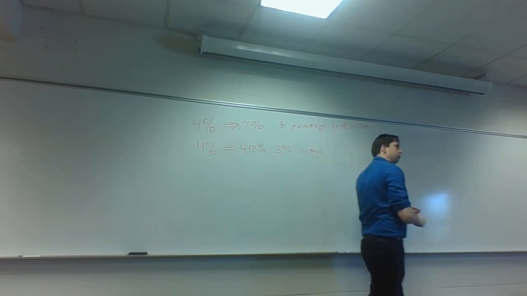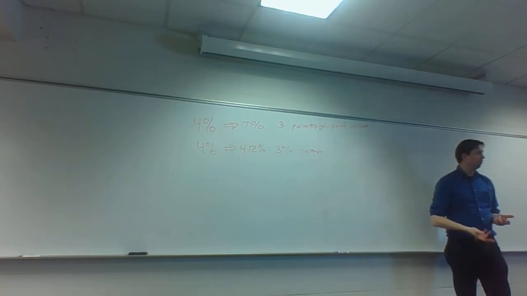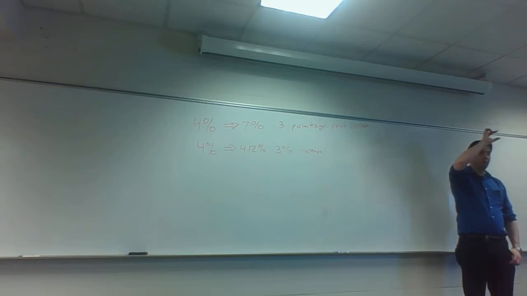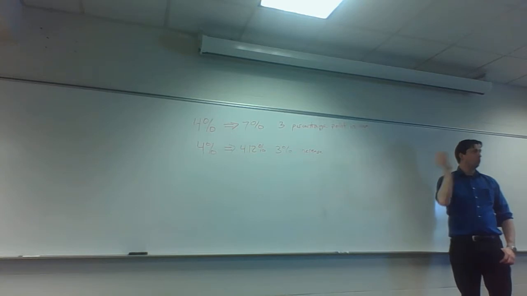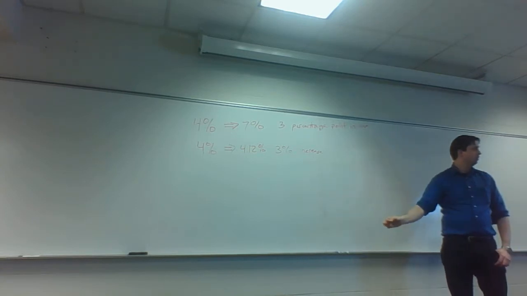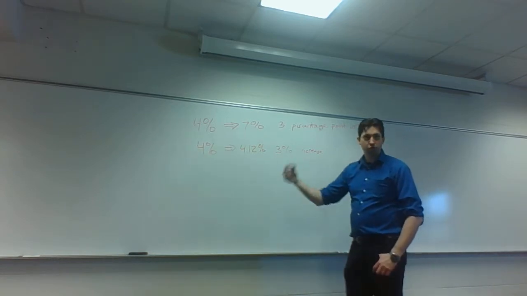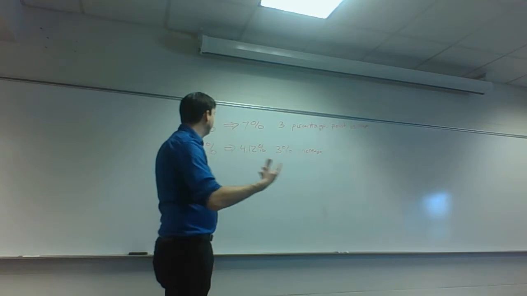Don't get those confused. You look stupid if you do. A percentage point is just a 1 percentage point. So going from 5% to 6% is a 1 percentage point increase. Going from 12% to 14% is a 2 percentage point increase. That's how you translate it to linear.